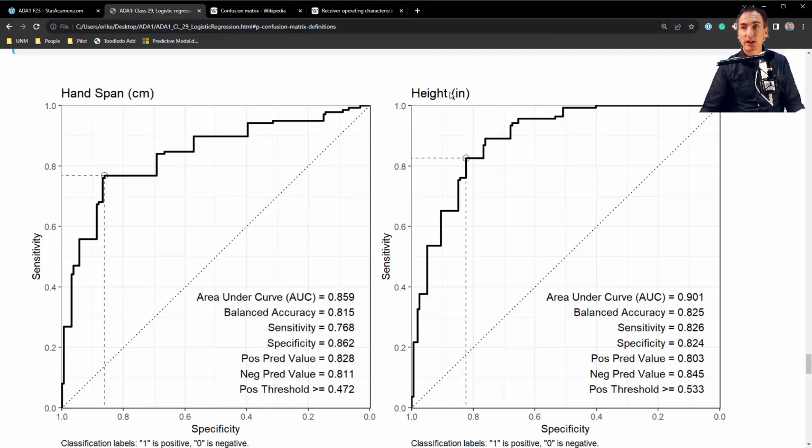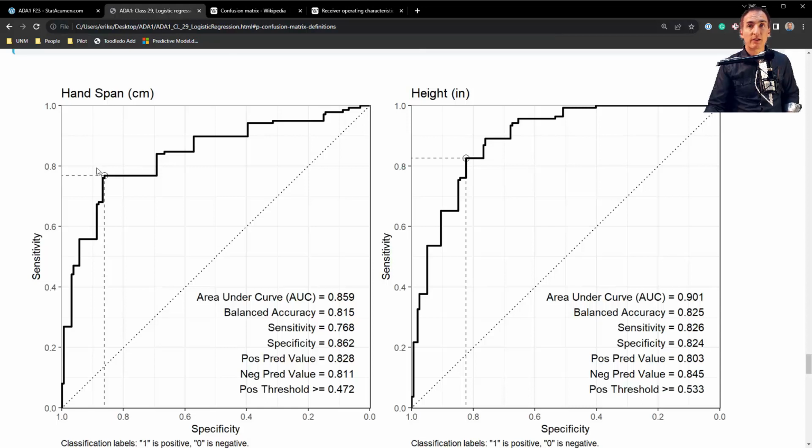But if we use height, we do better for females. We get up to 82%, but males go down from 86 to 82%. One thing that's really nice about this is that sensitivity and specificity are almost the same. So we are misclassifying the same proportion of males and females using this height model.